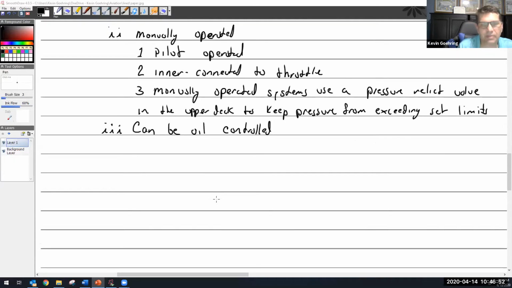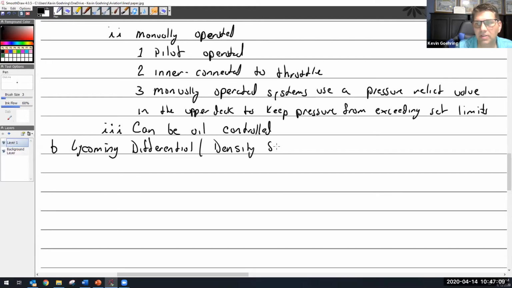So let's talk about this one. So this one specifically, this is the Lycoming differential slash density system. All right, this particular one, not that this matters, and you guys know I'd never test you on this.